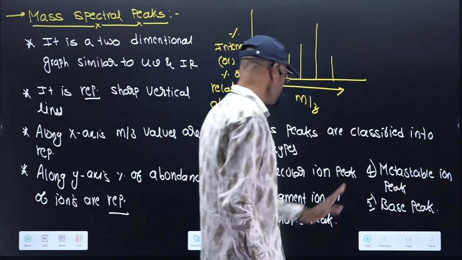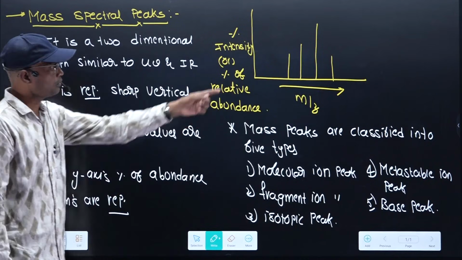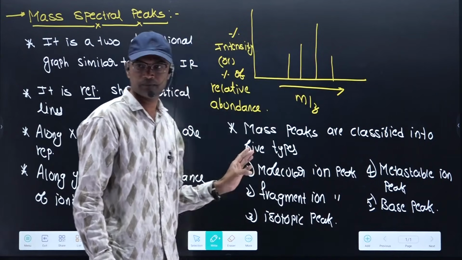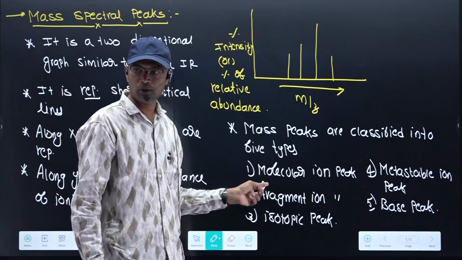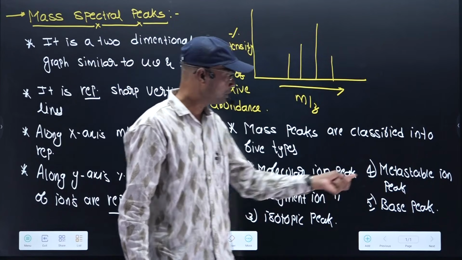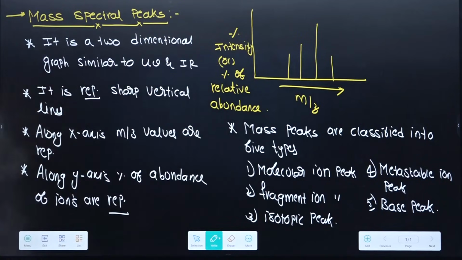Few peaks and ions we already discussed, so I will give them in short. Whenever you write a short vertical line, it may be any one of these 5: a molecular ion peak, a fragment ion peak, an isotopic peak, a metastable peak, or a base peak. Five types of ions are responsible for giving 5 peaks.